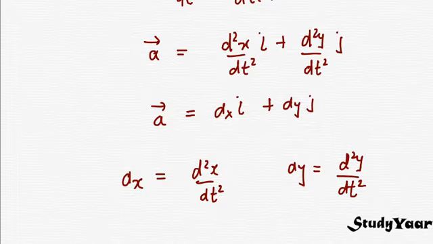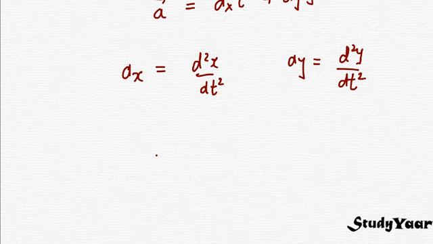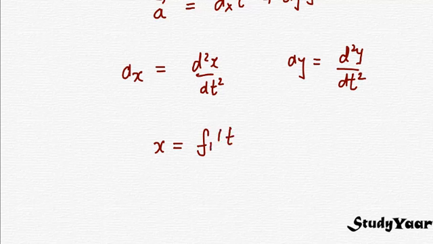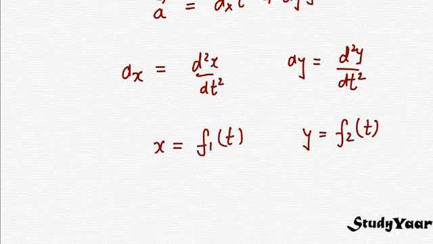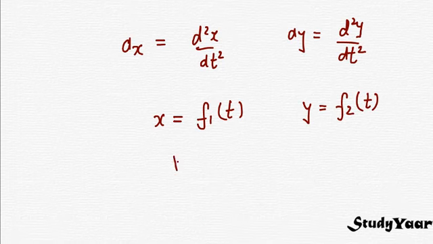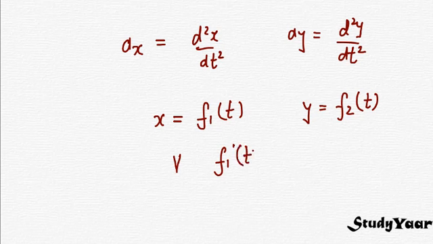Okay, so if you know x as, let's say, a function of t, and you know y, let's say, as another function of t, then you can always calculate your velocity at different times, which is going to be what? Which is going to be f1 dash t i plus f2 dash t j.